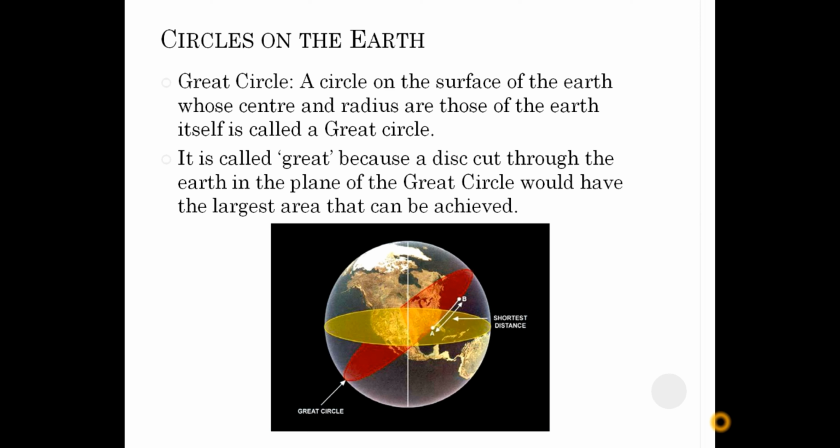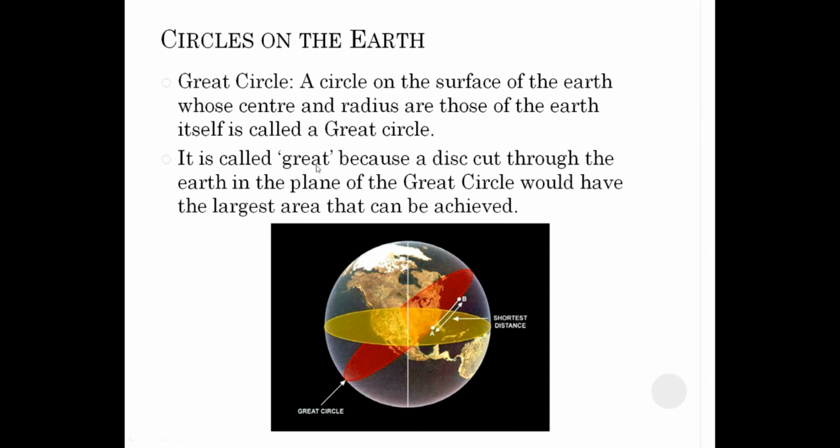Now let's talk about the circles on the earth. A circle on the surface of the earth whose center and radius are those of the earth itself is called a great circle. When you join two points over the earth's surface with a circle whose center is the earth's center and whose radius is the same as the earth's, it is called a great circle.